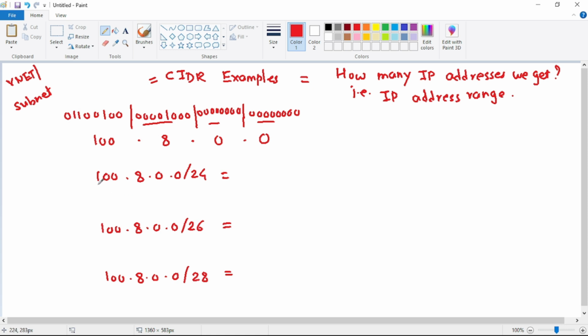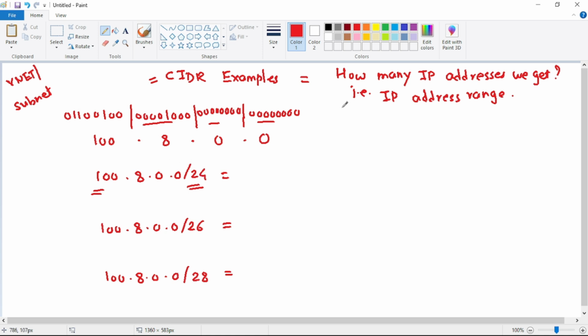Now let's try to understand the first example of CIDR notation. You see it is 100.8.0.0/24. This /24 means that for this IP address range, the first 24 bits will be constant.